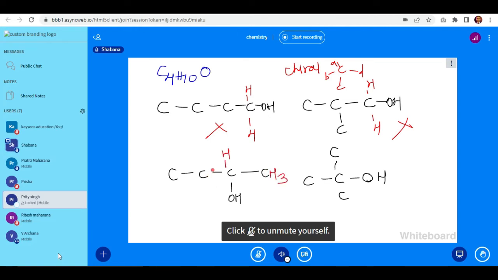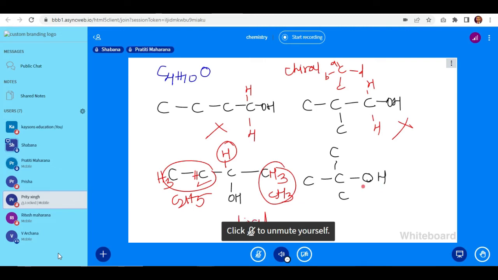This is a CH3 group, this is C2H5, this is H. So you can find different groups. So this is chiral. And here all are the same group, so this is not chiral. Only one chiral carbon is possible.